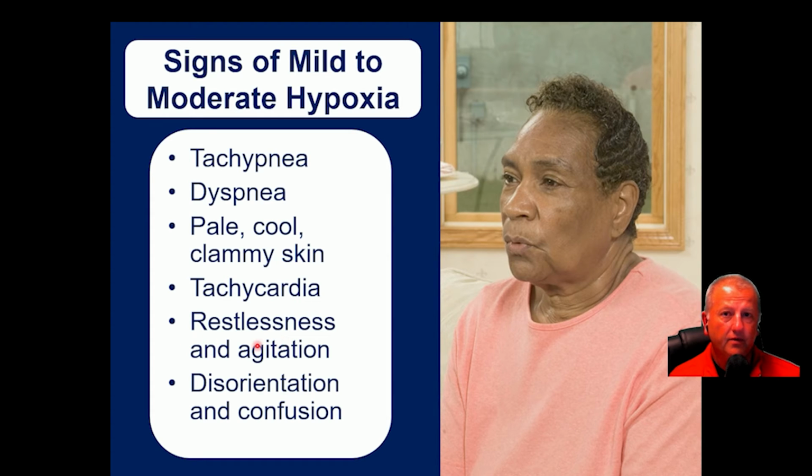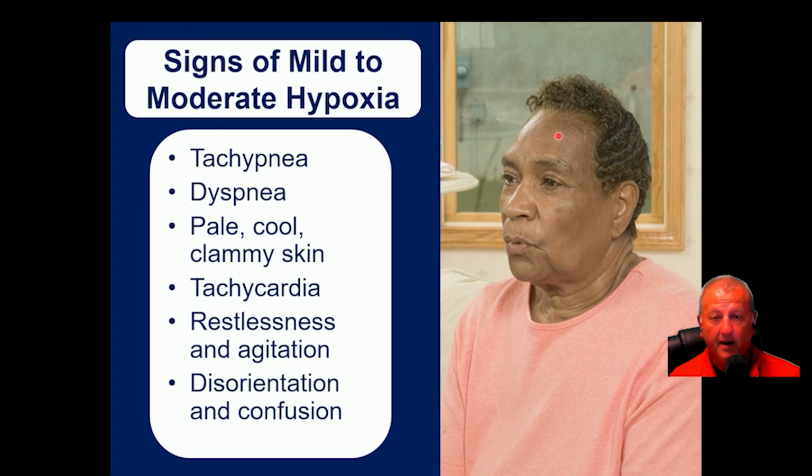Restless, agitation. Where does that come from? Well, up here in the brain, that's where we're happy, we're sad, all that happens up here. If you're lacking oxygen, then your mental status is going to be off.